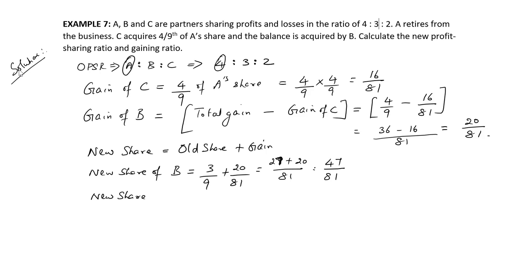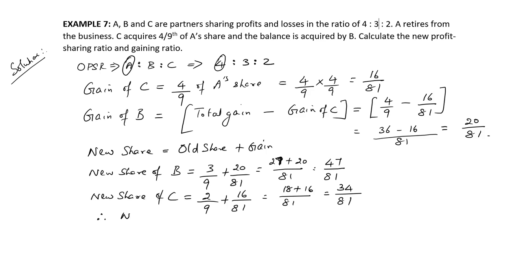New share of partner C is equal to old share 2 by 9 plus the gain of C, which is 16 divided by 81, which is equal to 34 divided by 81.